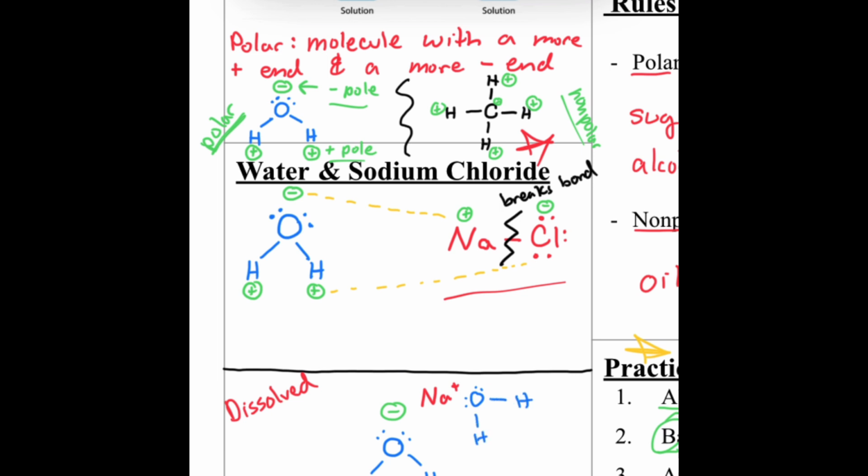There might be some waters there, right? And those water molecules are going to kind of orient themselves around the ions that are dissolved in them. All those oxygens are going to organize themselves around the sodium. All the hydrogens are going to organize themselves around the chlorine because of that attraction. Okay.